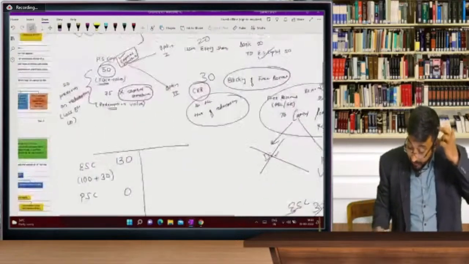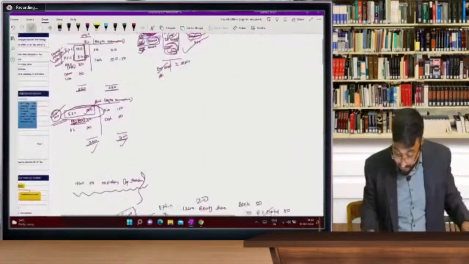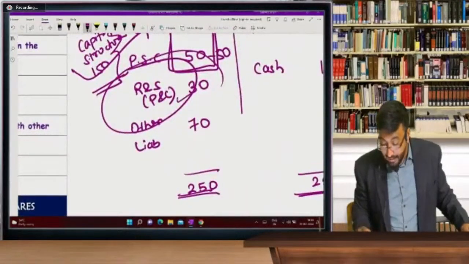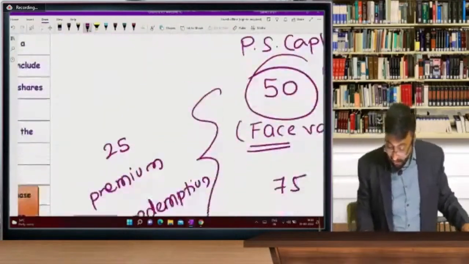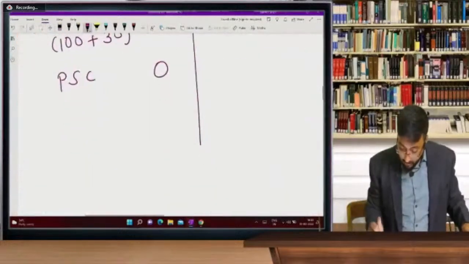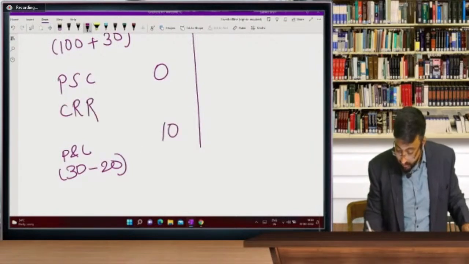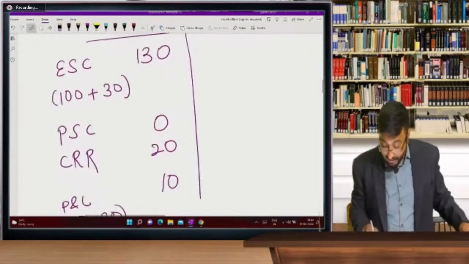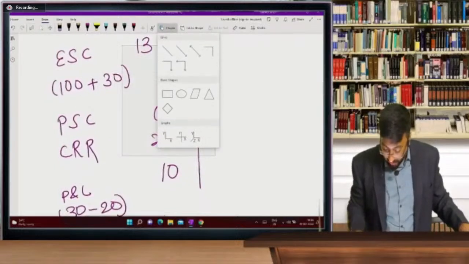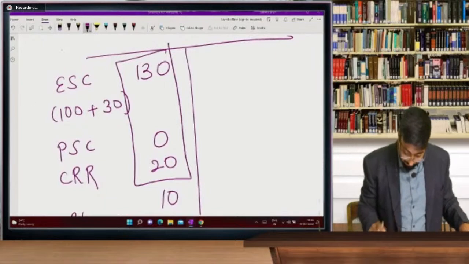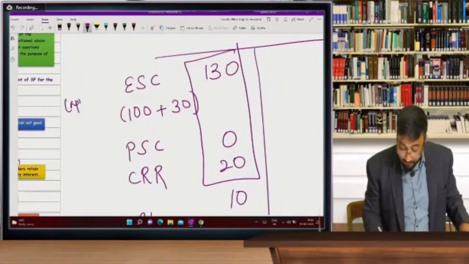Now beta, free reserves. What is the balance of free reserves? 30 rupees. You can see here in reserves and surplus the P&L balance is 30. So I will decrease from P&L 30 minus 20, 10 rupees, and CRR is 20 rupees. See the capital structure now. Capital structure is 150.